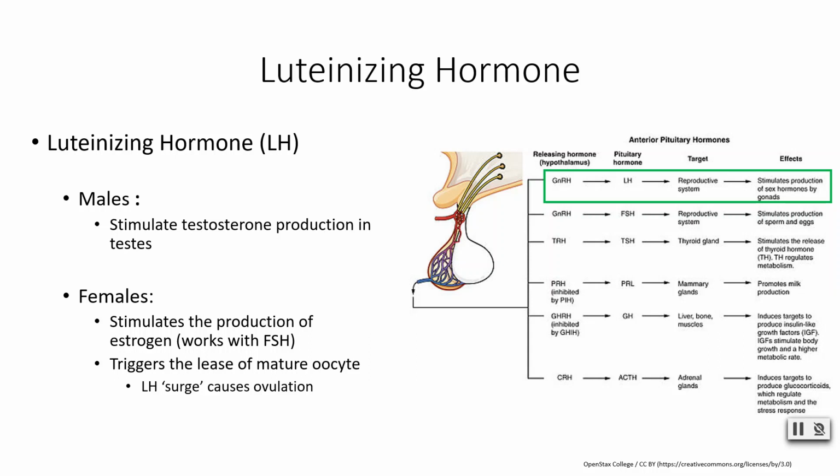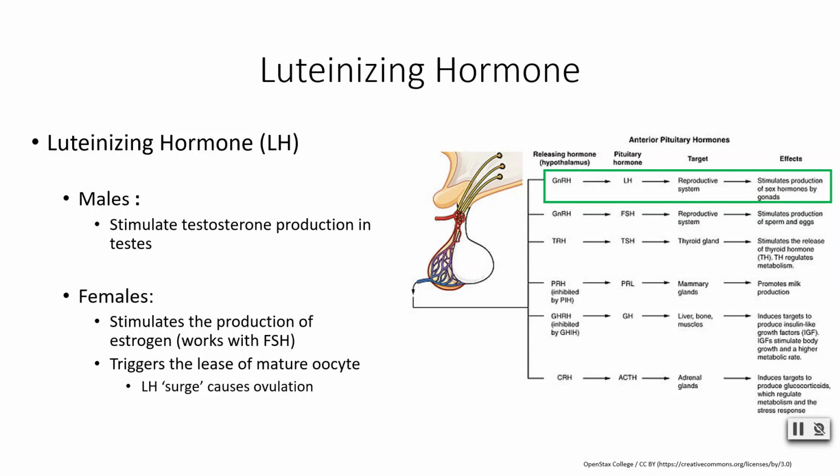In females, we just mentioned that LH works together with the FSH to stimulate estrogen production, so that's still true. And we now have the release of the mature oocyte being triggered by LH secretion. So when we talk about reproduction, you will hear us talk about the LH surge.